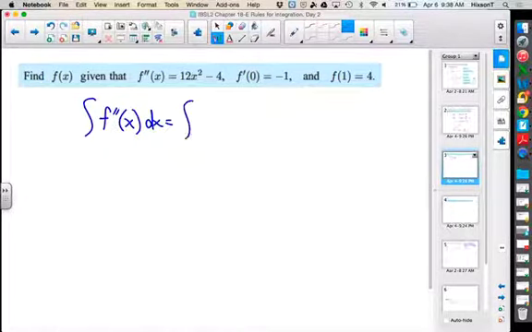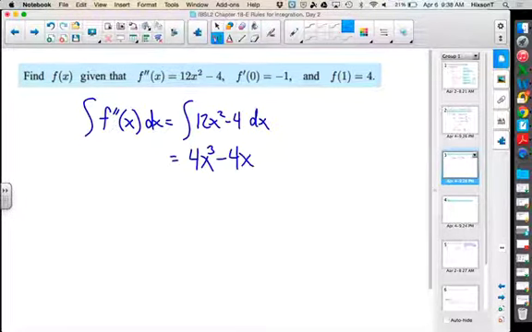So what's the integral of 12x squared minus 4? 12x cubed over 3 reduces to 4x cubed minus 4x. Then we have this plus c.